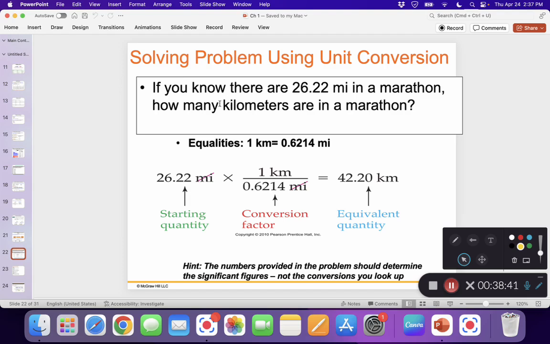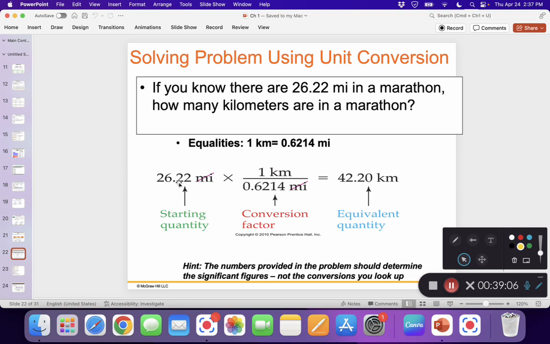We have to convert the miles into kilometers. In order to do that, we have to use the equality or the conversion factor, right? Equality is the defined relationship: 1 kilometer is equal to 0.6214 miles. This is the SI unit and the English unit equivalent, when they are equal.